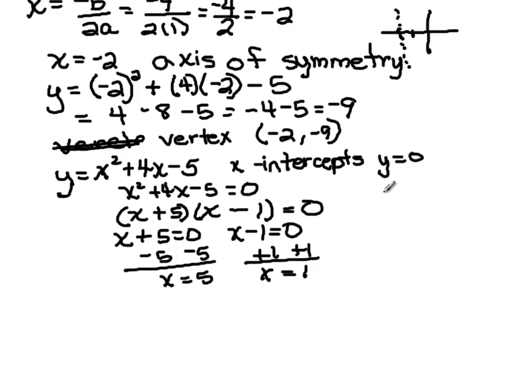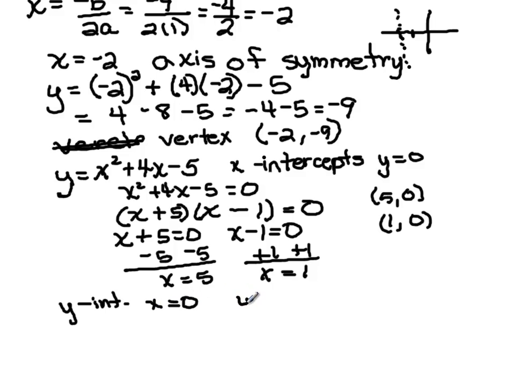And I have two more points. In this case, the x-intercepts. I'll have 5, 0 and 1, 0. As well as the x-intercepts, another good point to find would be the y-intercept. And to find the y-intercept, we want to let x equal 0.